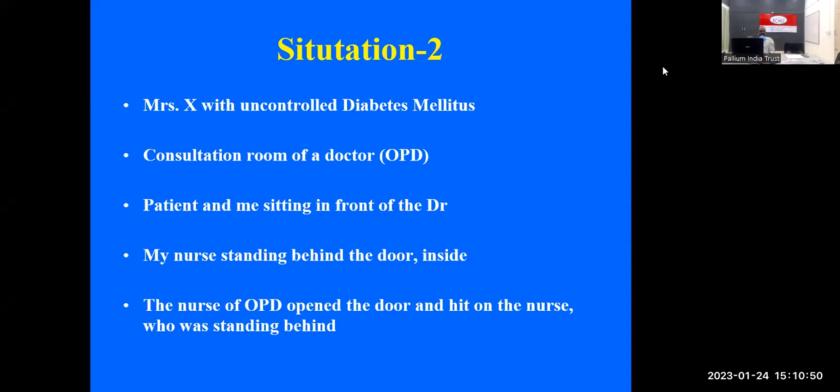She was standing behind the door inside the consultation room. After some time, the nurse who is posted in the OPD for helping the endocrinologist came, and she opened the door. Okay, and it hit the nurse who was standing behind the door.